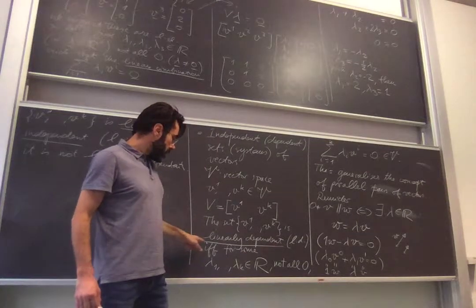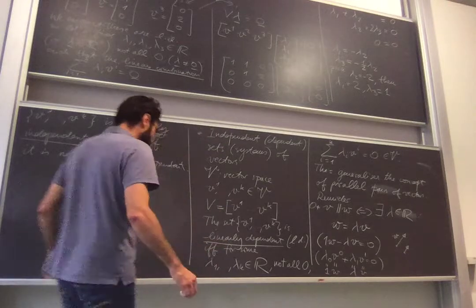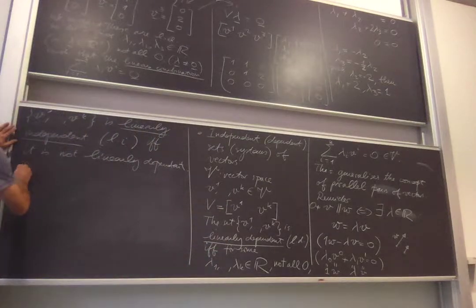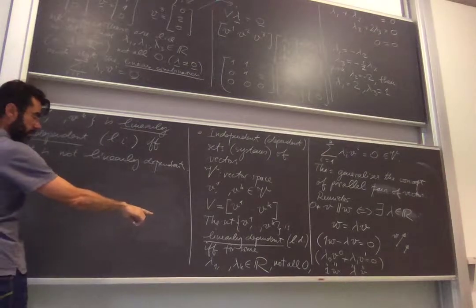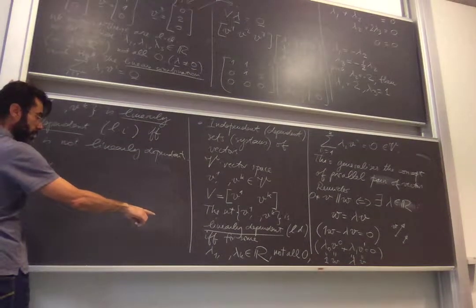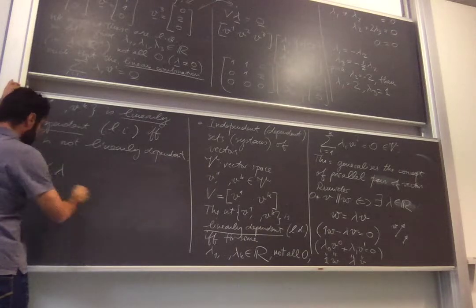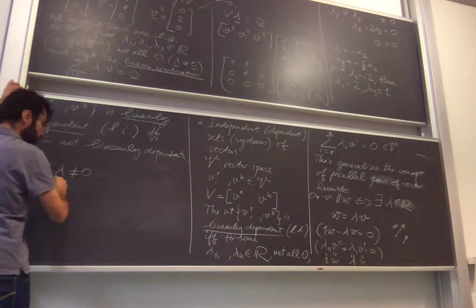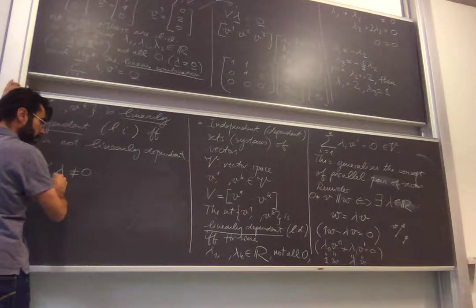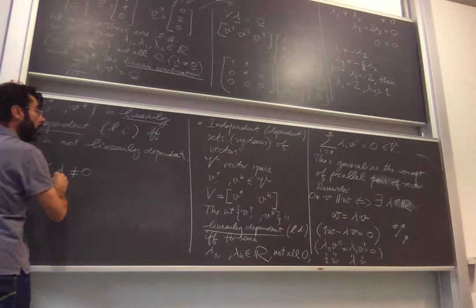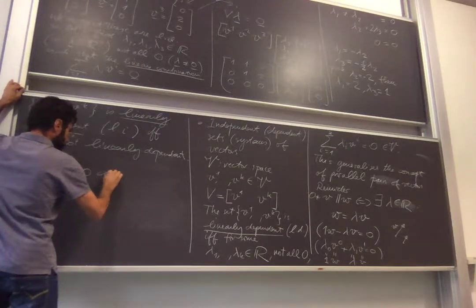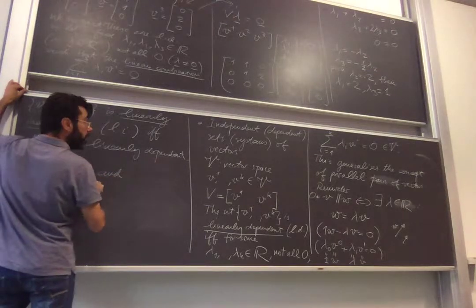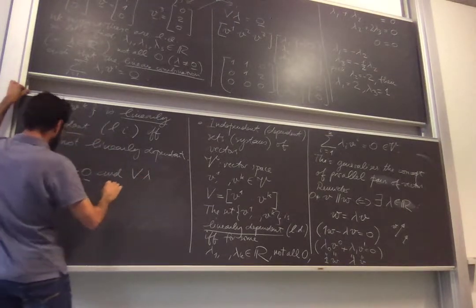Let's rewrite it. So it means this: it's not the following. So let's write not. What I've written there is this very quickly. It says if lambda is this, and I'm going to use the concentrated notation.